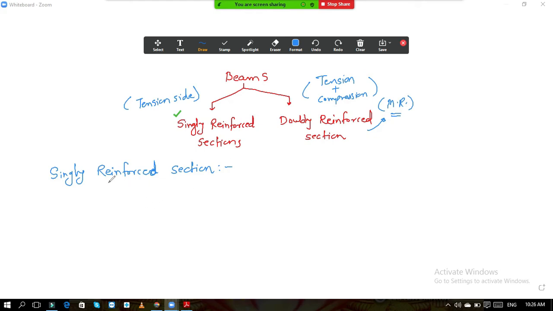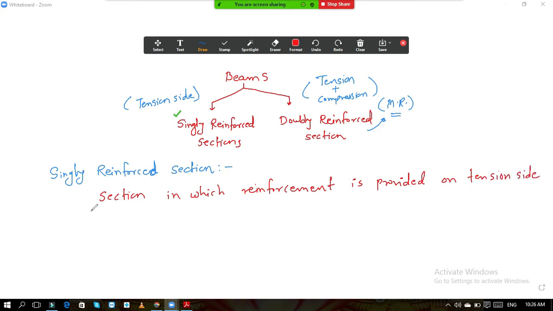So if I write the definition of the singly reinforced section, I can say that a section in which reinforcement is provided on the tension side is known as a singly reinforced section.